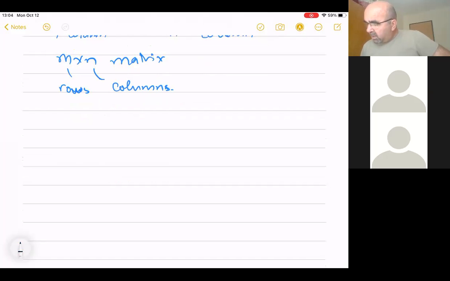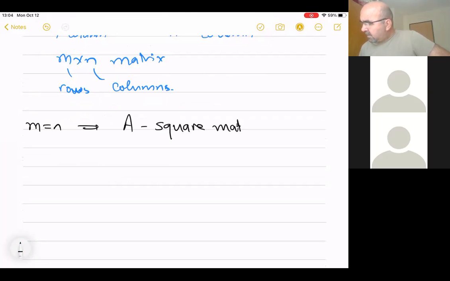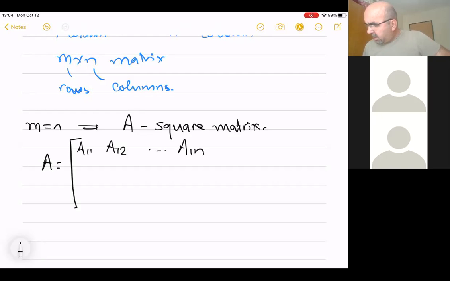So if M is equal to N, then we say that A is a square matrix. And in this case, A is like this: A11, A12, A1n, A21, A22, A2n.